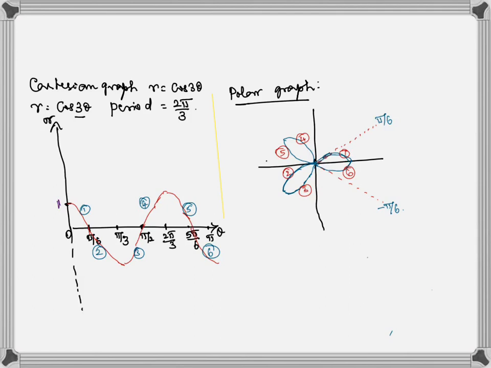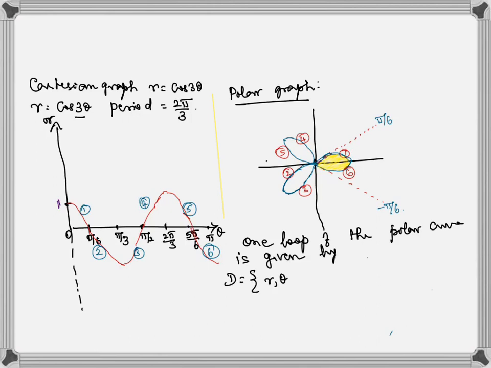So we can complete the polar graph like this. Then we are finding the area of one loop. That's the part that's been shaded here. So let's consider the area now using the polar coordinates that we just discussed.